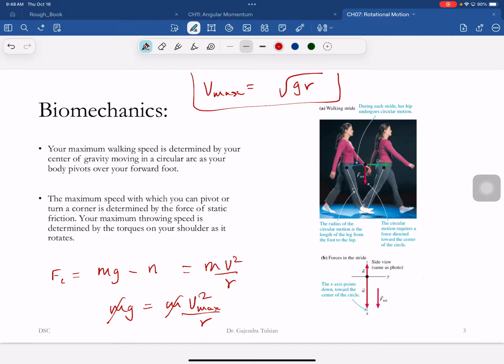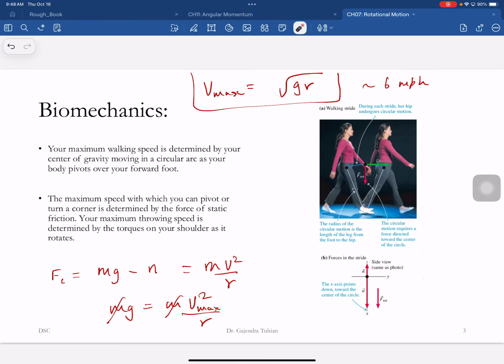And if you put in average numbers, this comes out to be about 6 miles per hour. So if your leg is 0.7 meters long, the maximum walking speed is that.